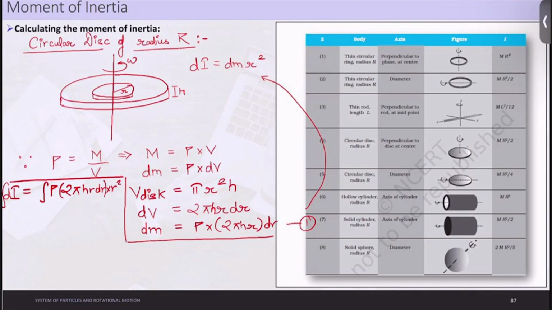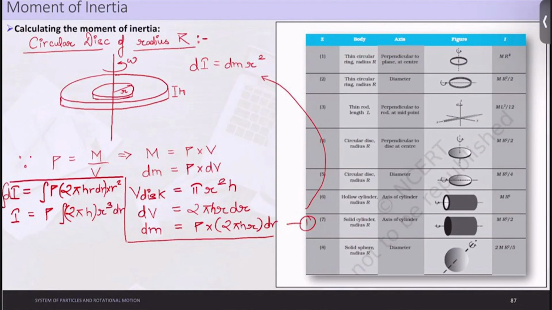As everything which is constant can be put outside, let us put rho outside, which is equal to integration of 2 pi h in brackets into r cube dr.